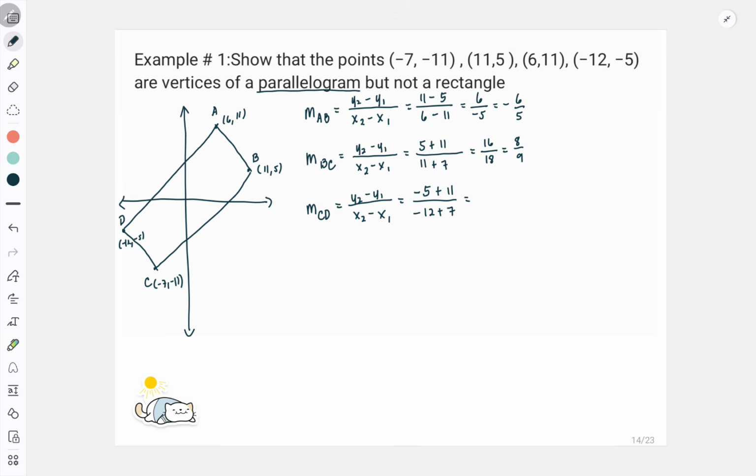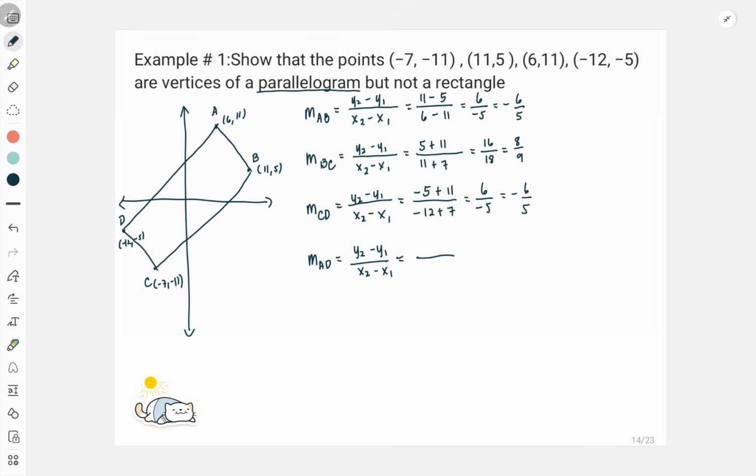That's equal to 6 over negative 5, or negative 6 over 5. And the slope of AD: y sub 2 minus y sub 1 over x sub 2 minus x sub 1.